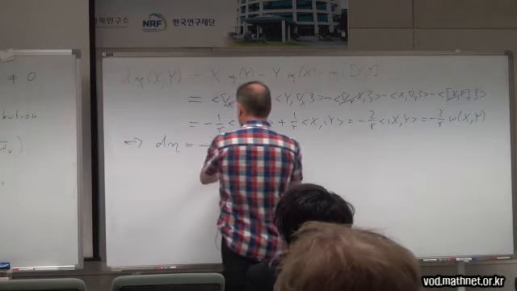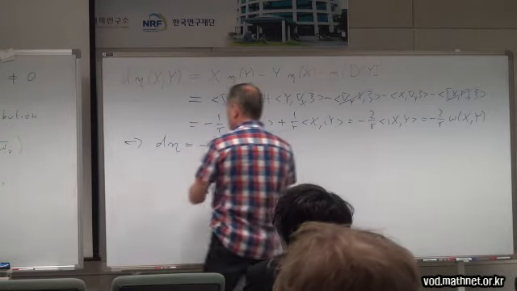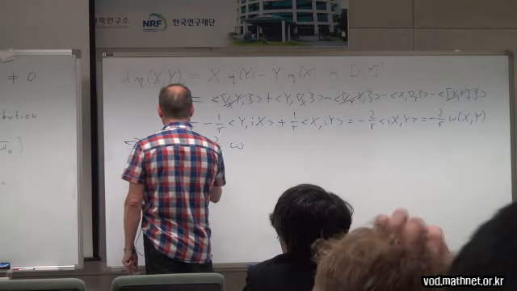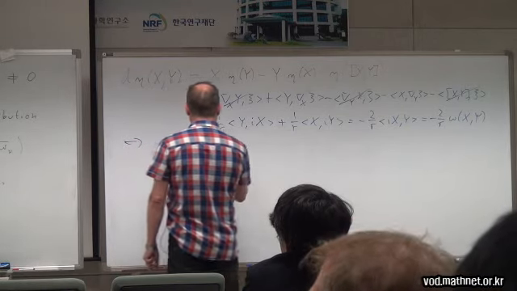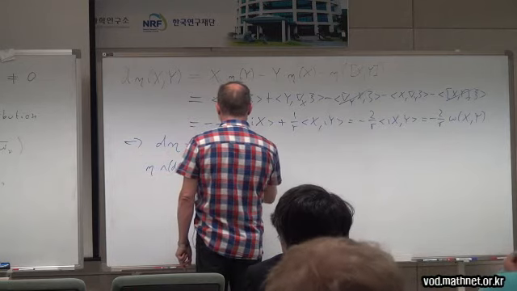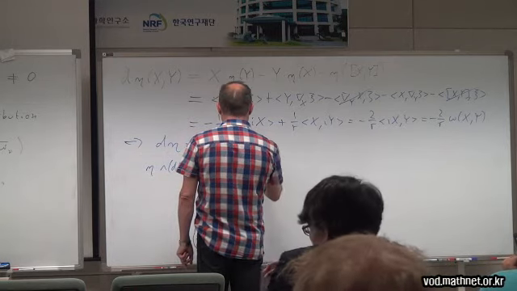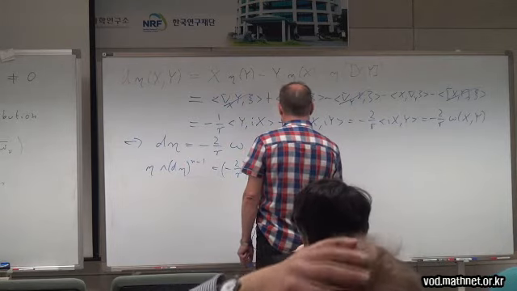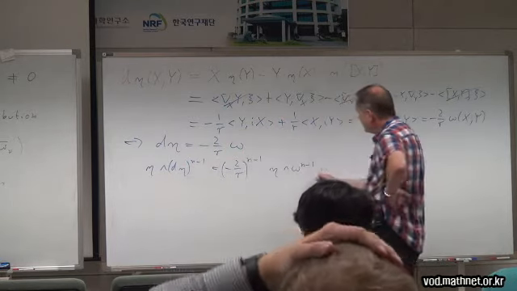So eta wedge d eta to the power n minus 1 is minus 2 over r to the power n minus 1 eta wedge omega to the power n minus 1.